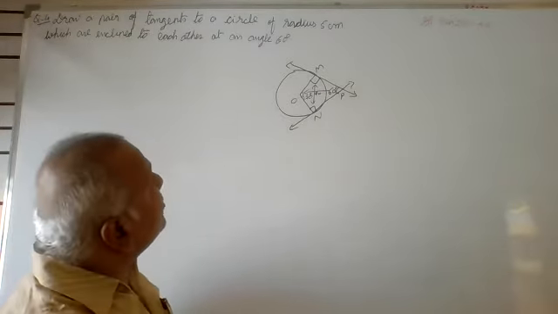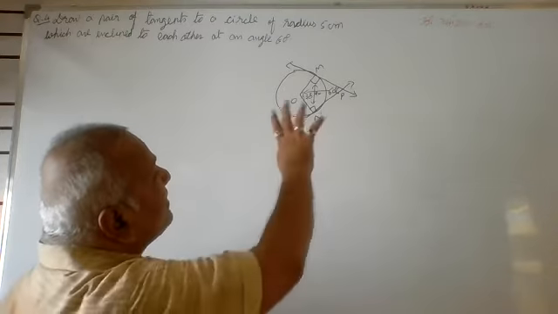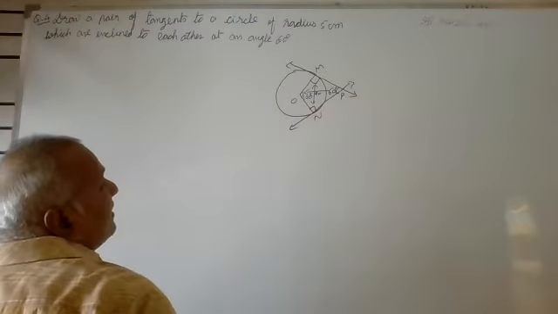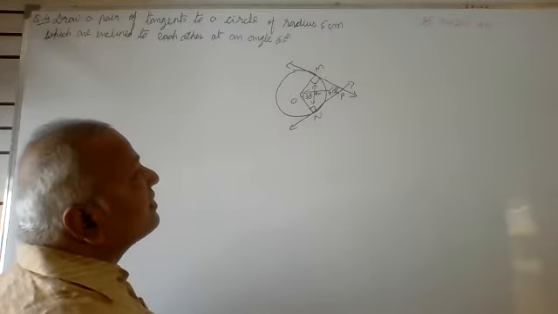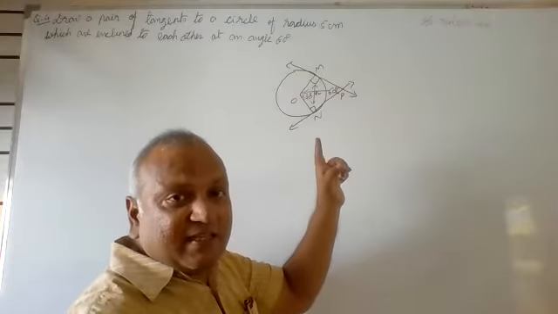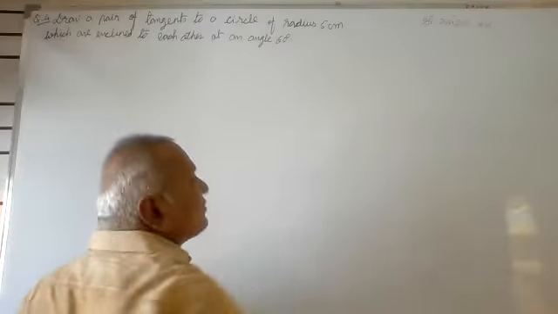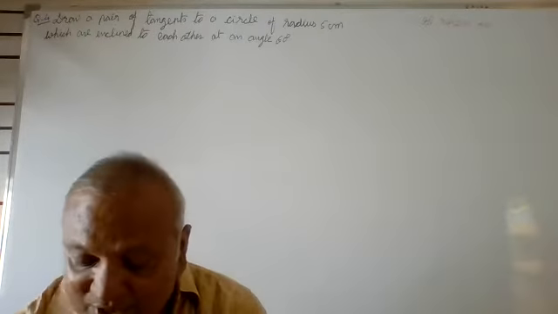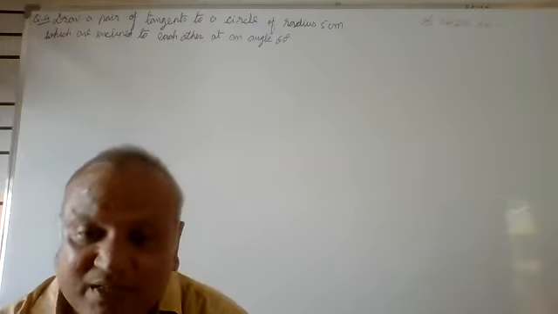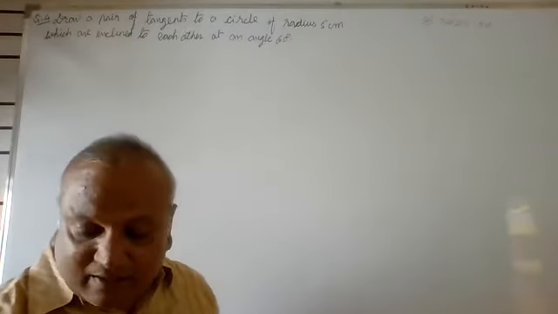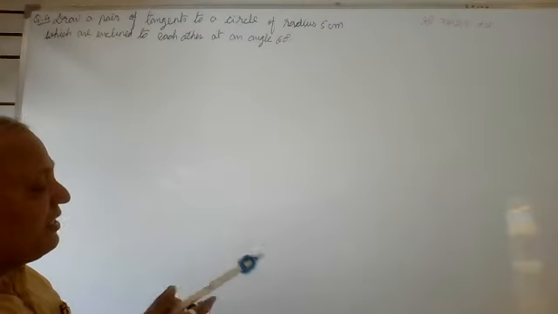Now we will draw the circle, and according to this instruction we will construct the tangents. I hope friends you understand this theory. So I will erase it and construct the main tangents according to the given instruction. According to the given instruction, first we have to draw a circle with radius 5 centimeter.